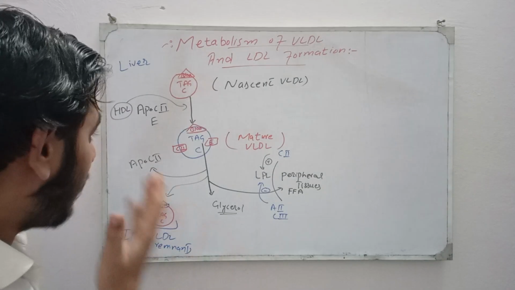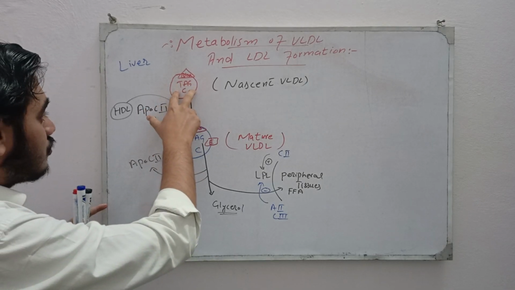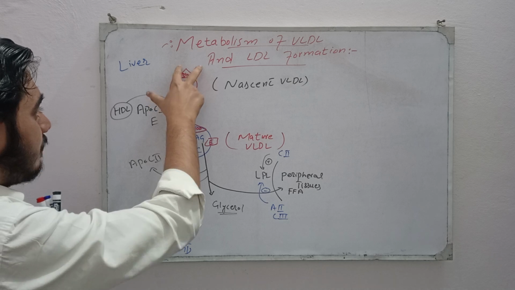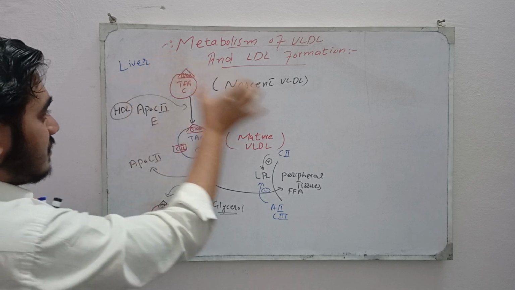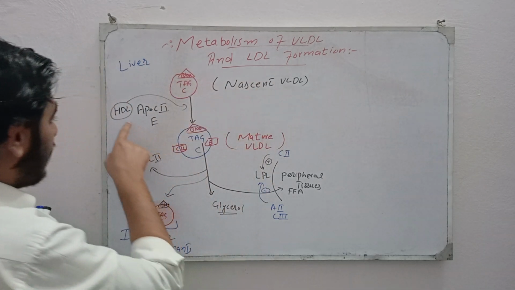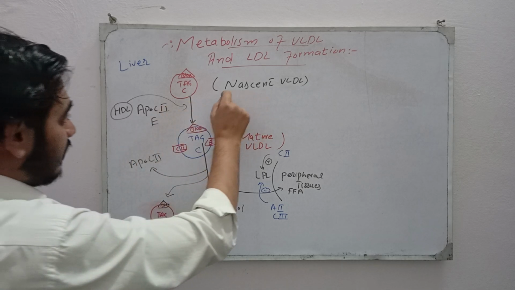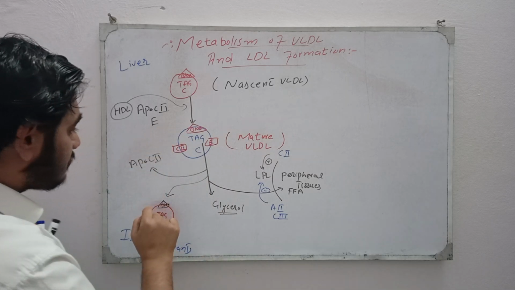I am repeating again. Triacylglycerol, cholesterol, and various other lipids form a complex with ApoB100, and this complex gets synthesized in liver. This is the nascent VLDL formation. From HDL, ApoC2 and ApoE get incorporated in the nascent VLDL and lead to mature VLDL.